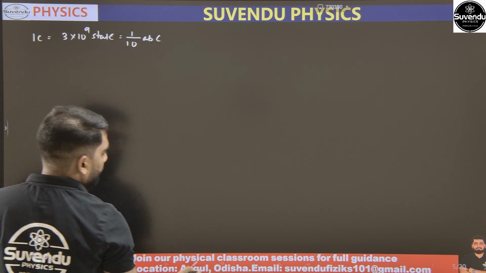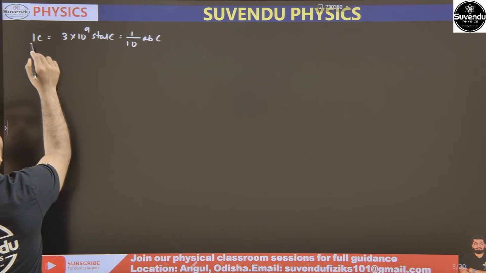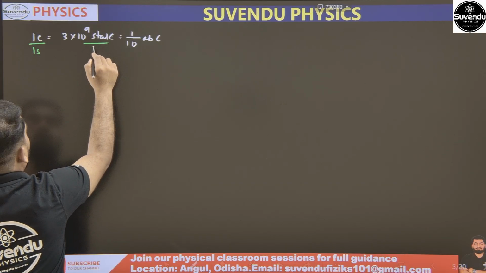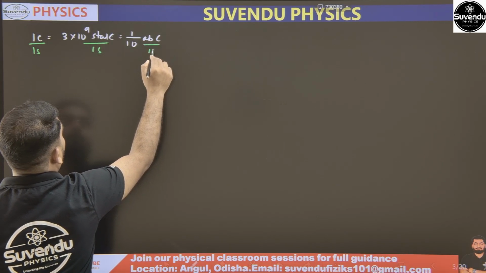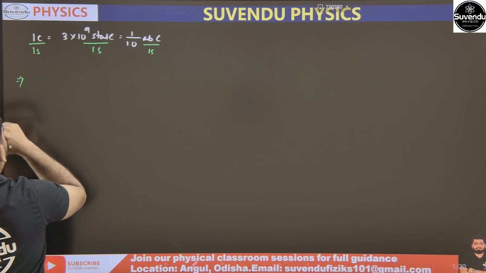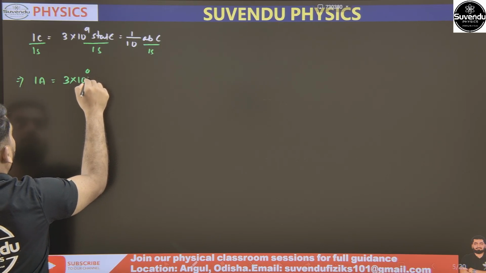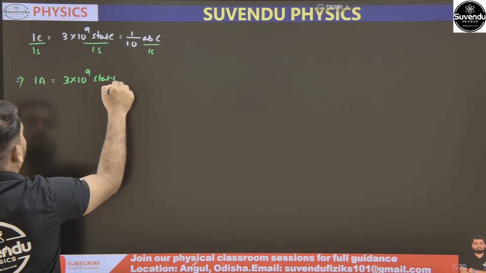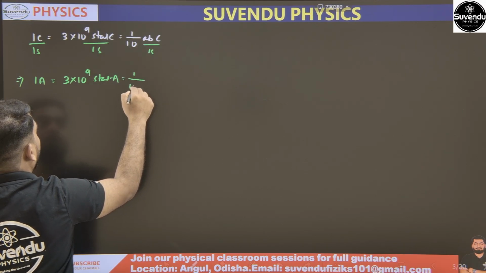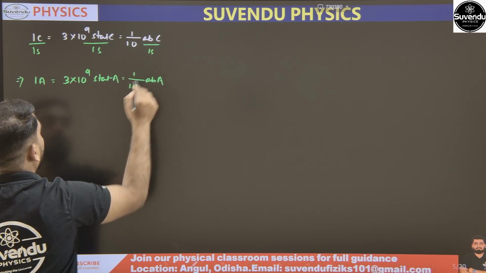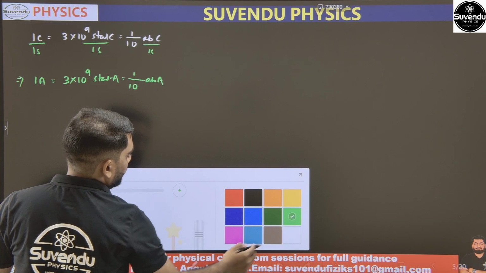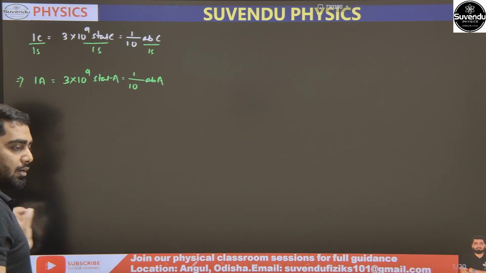So if you divide each term by 1 second, you get 1 coulomb per second, which is 1 ampere, equal to 3 into 10 to the power 9 stat ampere, equal to 1 by 10 ab ampere. So this is the relationship between ampere, ab ampere and stat ampere.